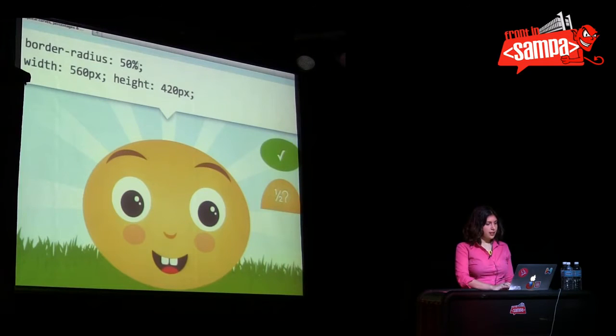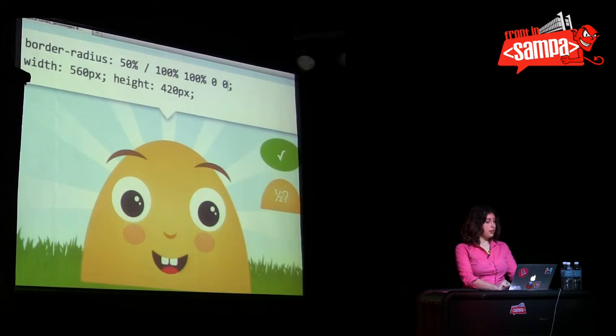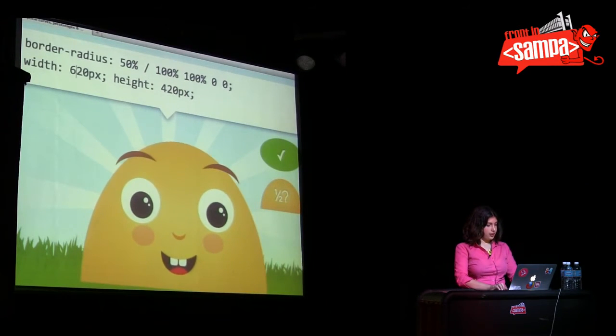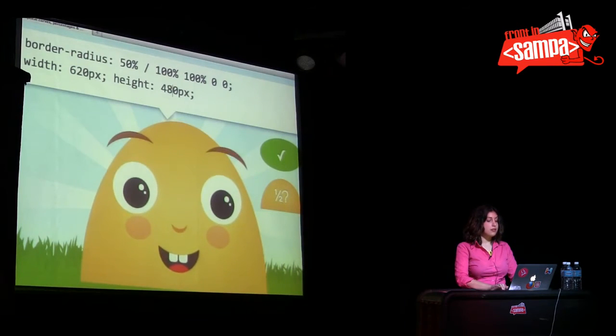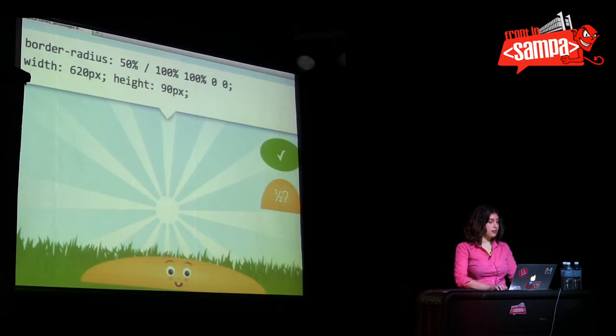So let's try doing that. 50% horizontally, then 100% for the top two corners, and 0 for the bottom corners. And there you have it, half an ellipse. And the good thing is, we can even adjust the dimensions, the width and height, and it's still half an ellipse.